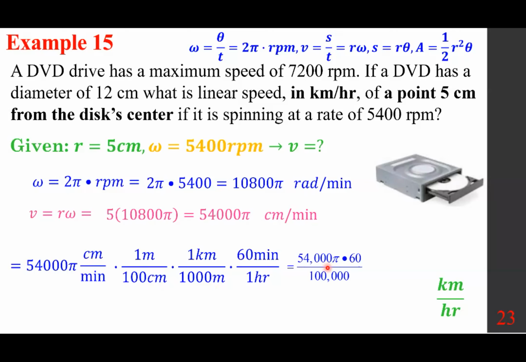So 54,000 pi times 60 over 100,000. Those 3 zeros cancel, and when you do the math, you end up with 101.8 kilometers per hour. Again, use however many decimals they ask you.